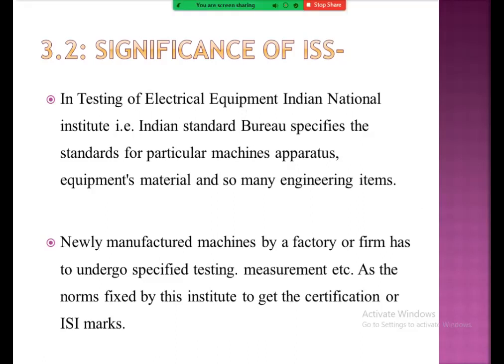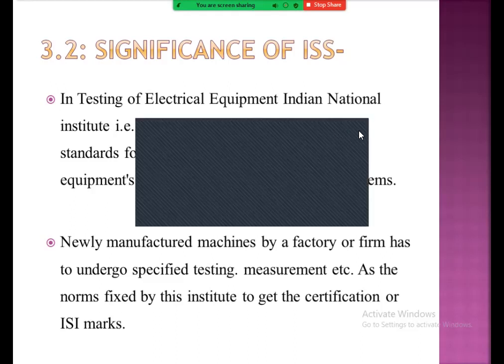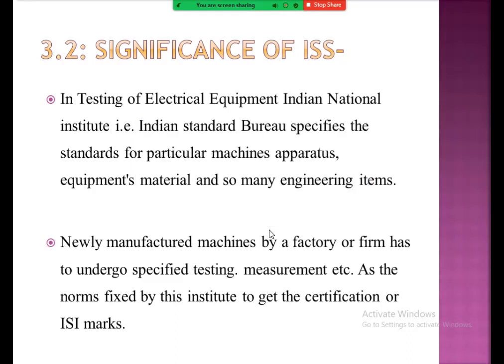So, significance of ISS. In the testing of electrical equipment, the Indian Standard Bureau is an institute which gives certification to the manufacturer or industry for their quality product.